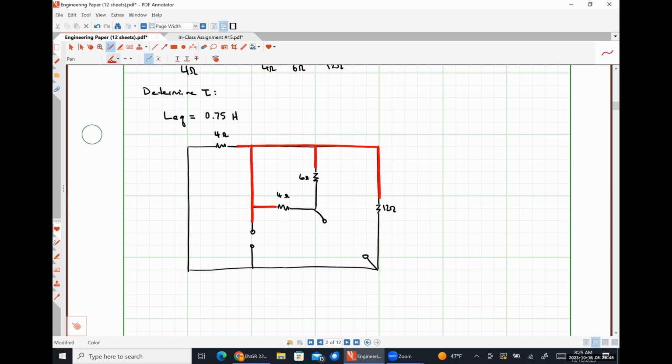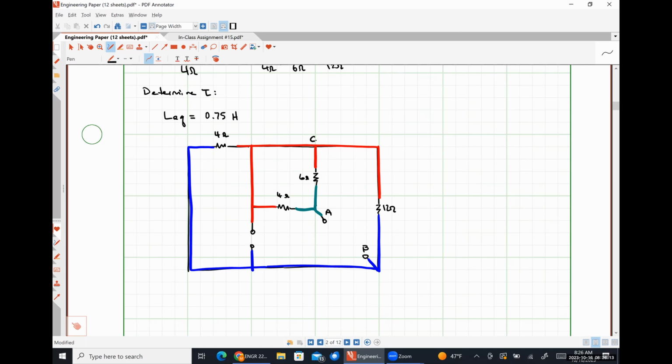So I have this node right here. This node right here. This node right here. I'm going to call this terminal A, this one B, and the red node C.